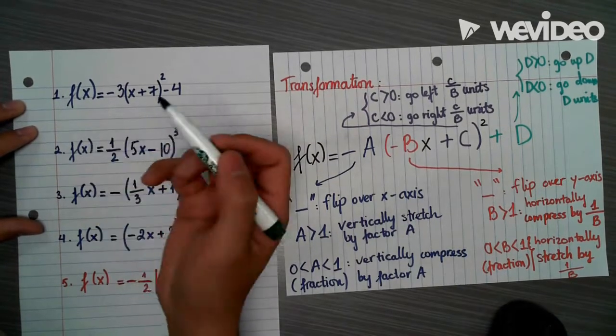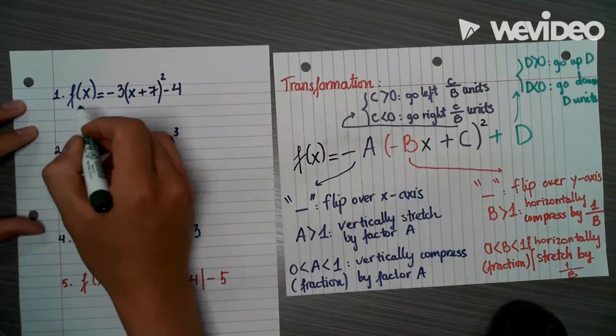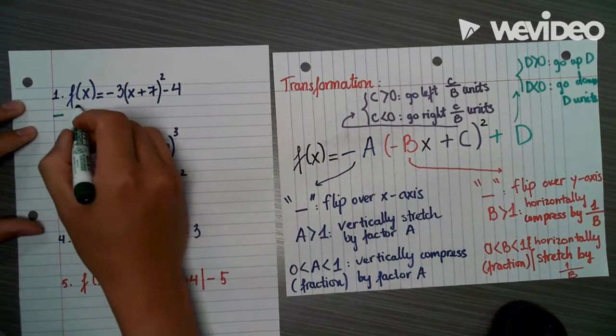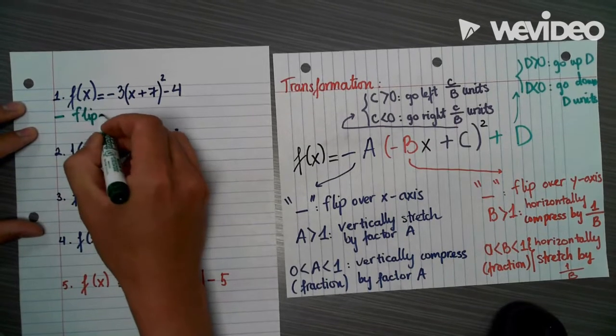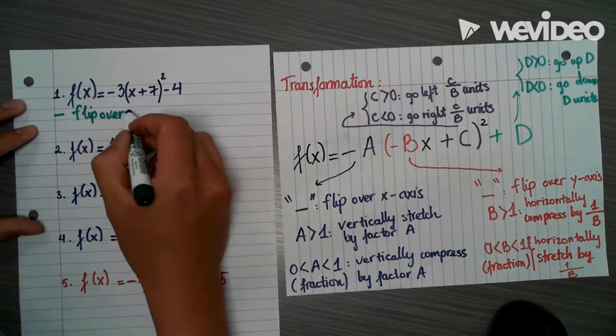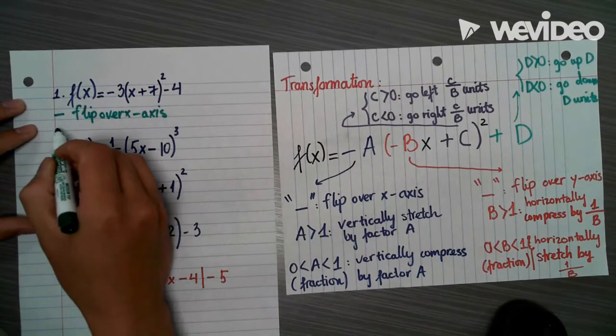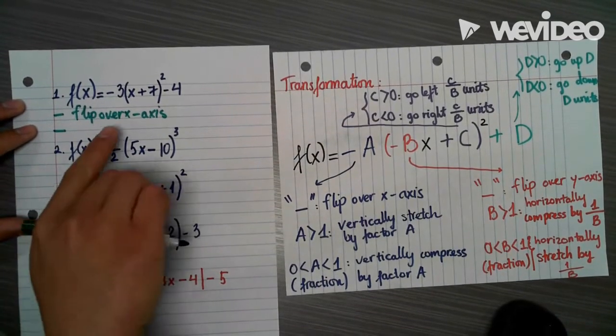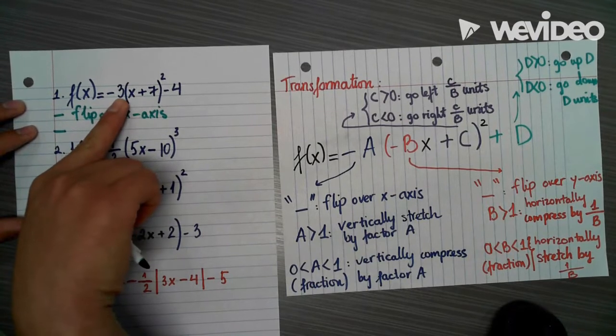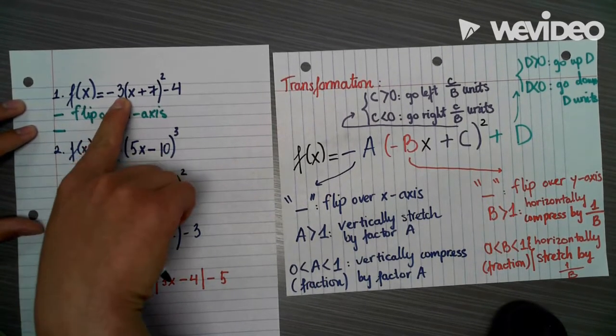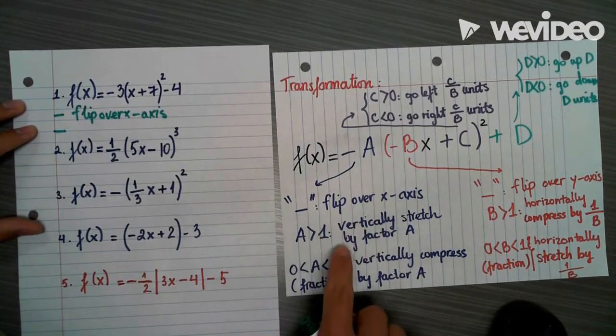So you just list them out. Here, number 1: flip over the x-axis. Now, number 2: you see the number 3 here, and this is outside, so we still do this one.